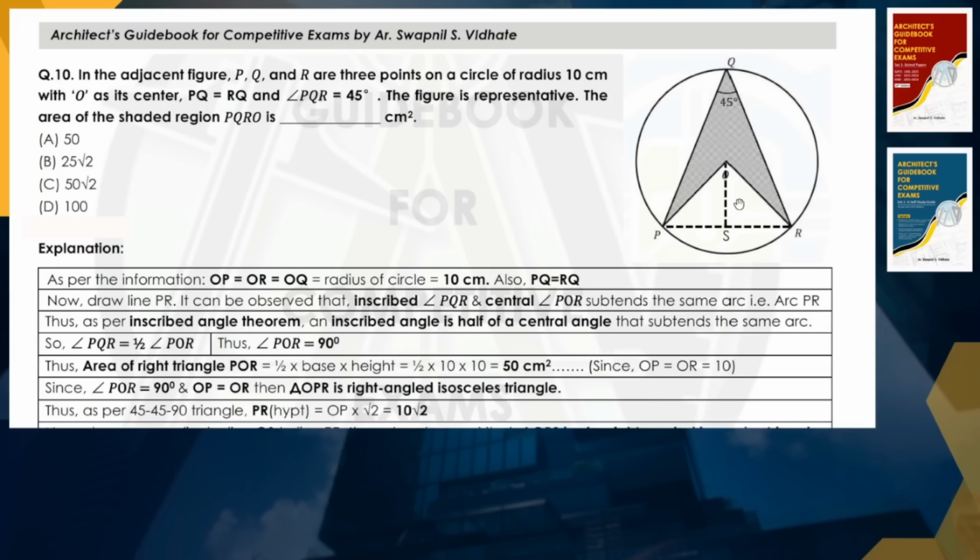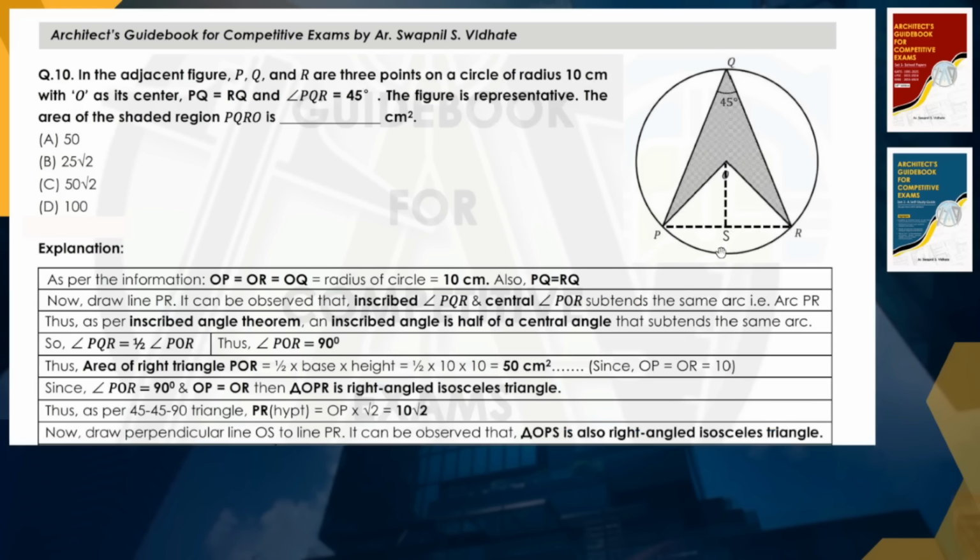So as per the 45 45 90 triangle, the hypotenuse PR will be root 2 times of the equal sides. So PR will be root 2 times of the side OP. We have said that the radius is 10, so PR will be 10 root 2.